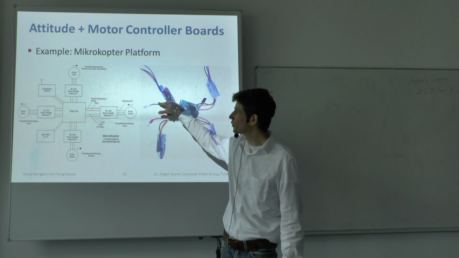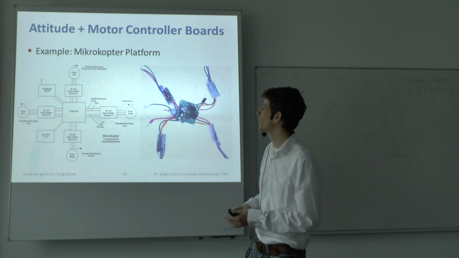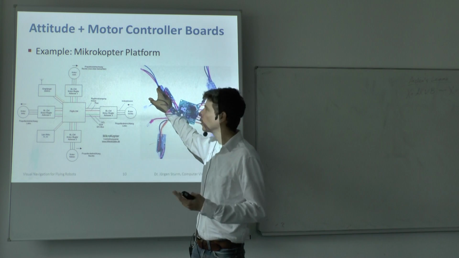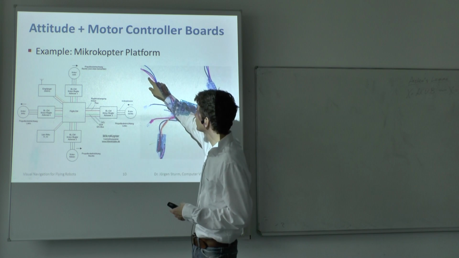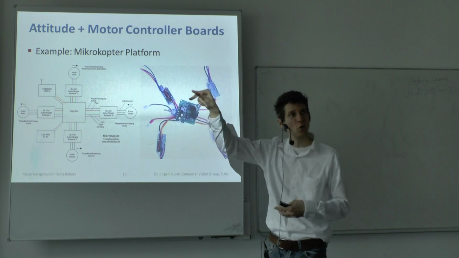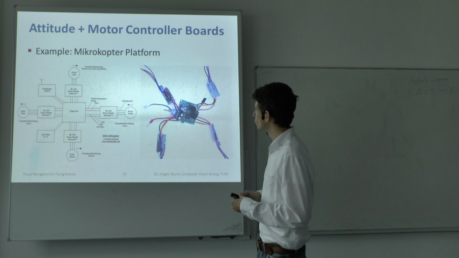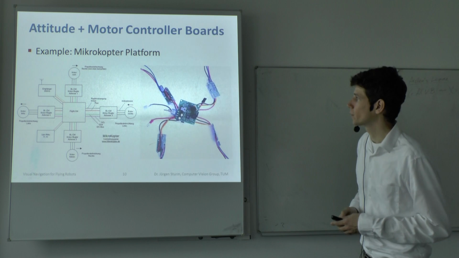And as I said, each of these motor controllers has its own microcontroller again to generate this PWM signal, and an inverter to generate the analog current that is then fed into the motor. So here you see 3 wires, and these 3 wires go into the brushless motor then. Yeah, exactly. So this is how it looks like.